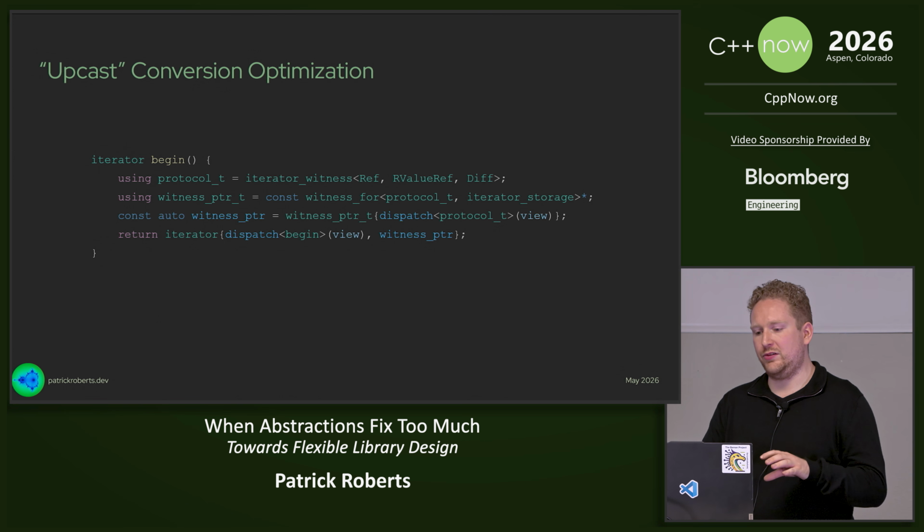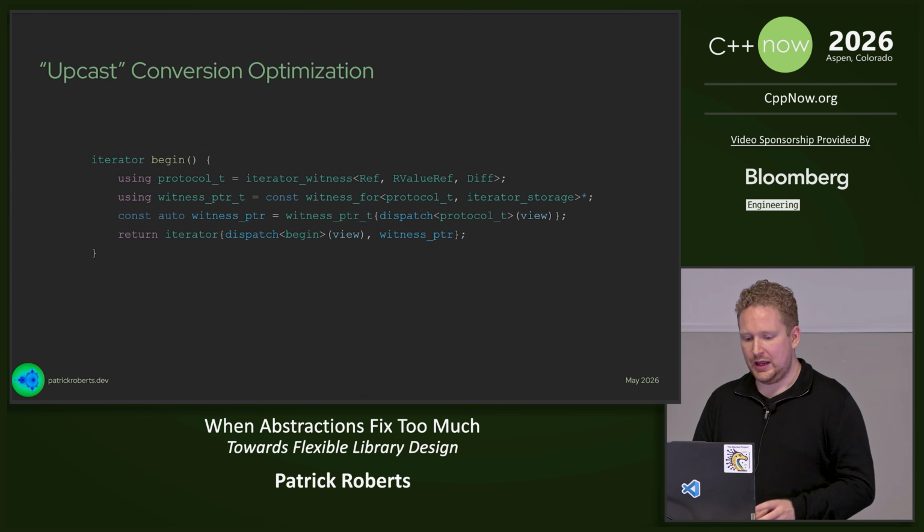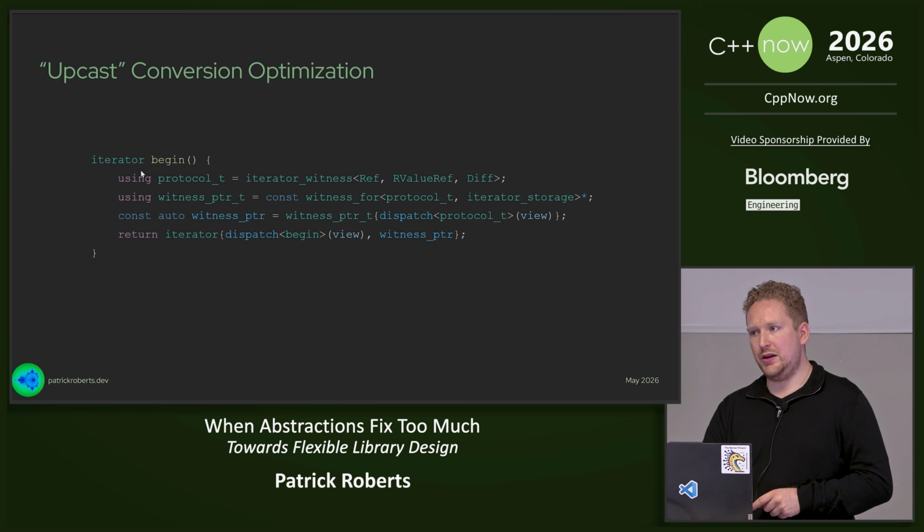So both of those are existential and erase a concrete iterator or a concrete view, respectively. And so when you implement the begin function on the view class, what you have to do is implement a capability to obtain its iterator's witness table and its iterator's storage, and then you combine those into the existential type that packages them together.